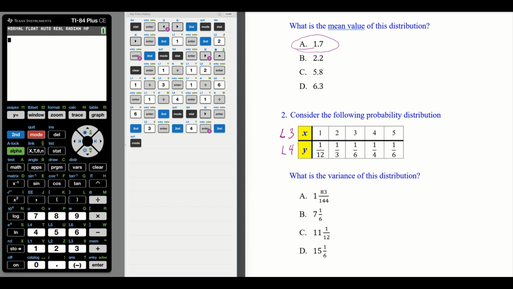Second, get out. Okay, what do we push? Vars. See that number 5? We want that guy. Go down to number 4. Okay, we want to second him. Square him. So now he's ready. He's squared. Enter. Okay.